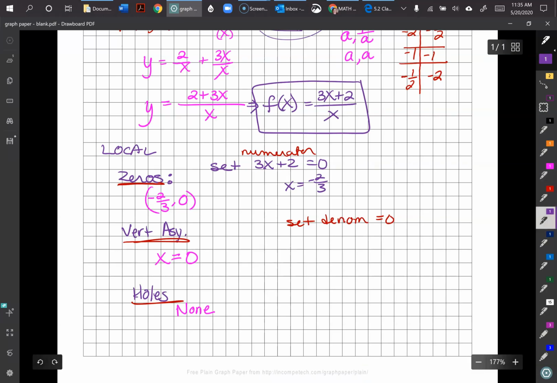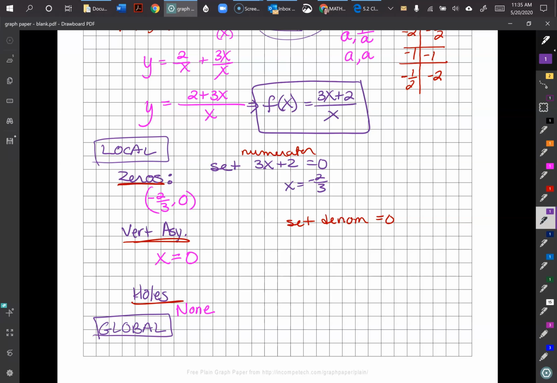So now we're going to look at the global behavior. All right, and our choices are for what the horizontal asymptote might be, or if we have a slant asymptote. So we need to look at the degrees of each. Now I have the same power, so if you look back at that beginning sheet that we were looking at earlier, we can see that they have the same power in the numerator and denominator.